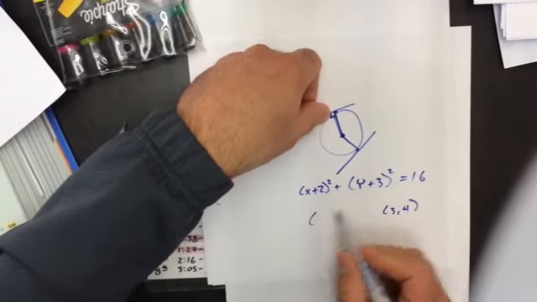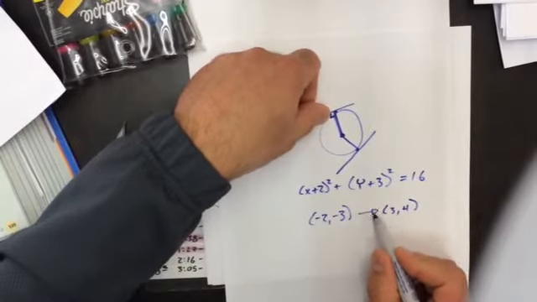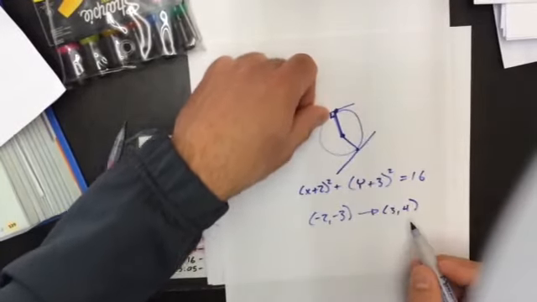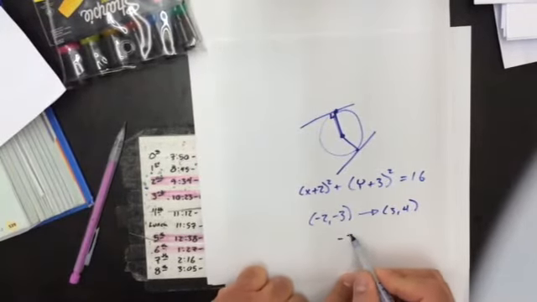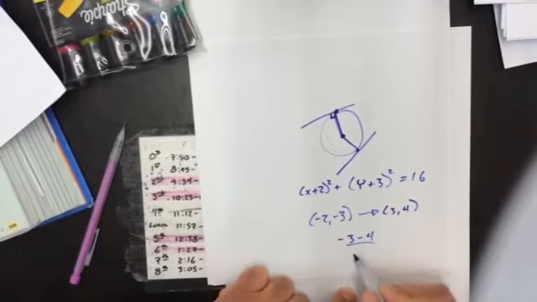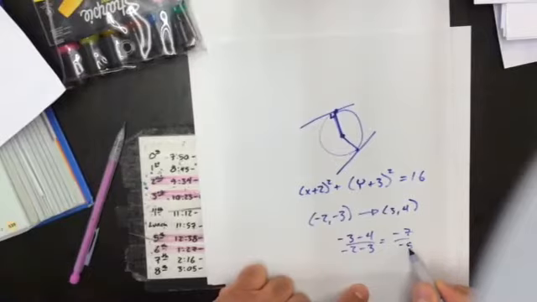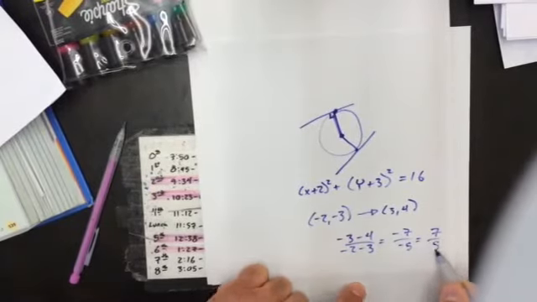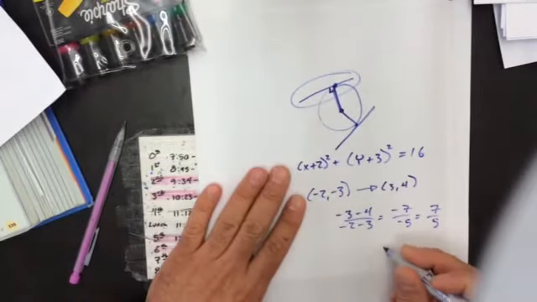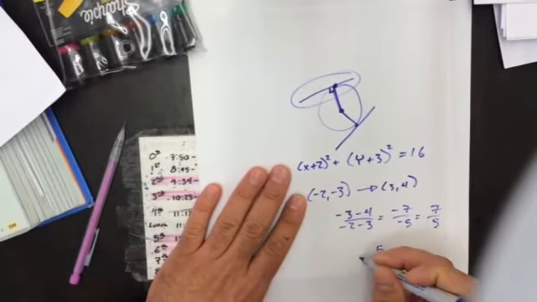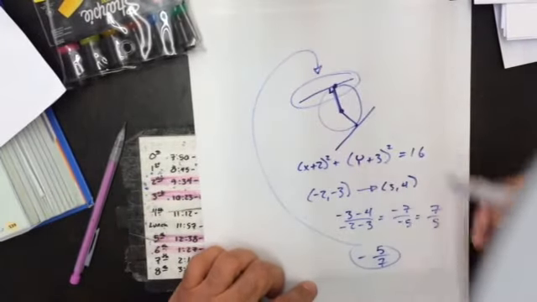I'm going to use my center to the new point that it gave me, which is 3, 4. So the slope of this is y1 minus y2, which is negative 3 minus 4, over x1 minus x2, negative 2 minus 3, negative 7 over negative 5, or 7 over 5. I told you this was perpendicular, so the slope of the tangent line is perpendicular, which means it flips and changes sign.